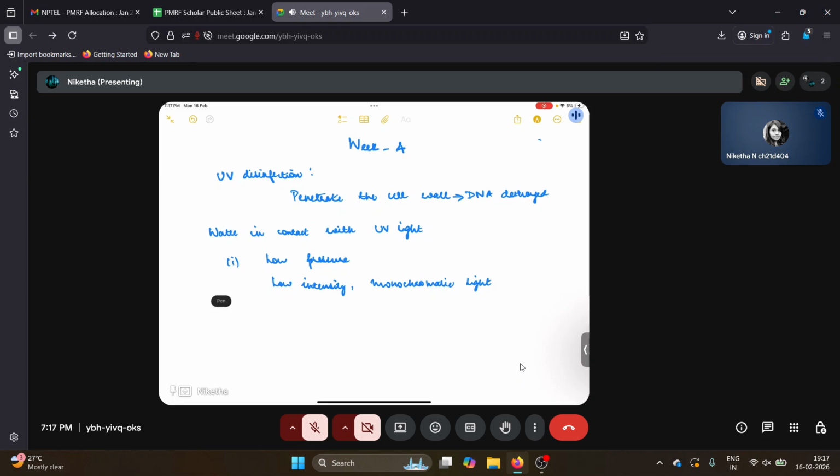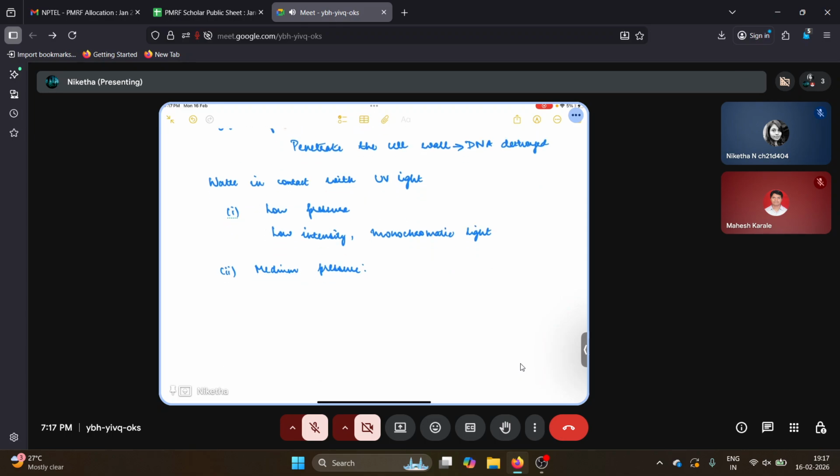And the second one is medium pressure. Here the radiation is high, so it is a high intensity radiation.